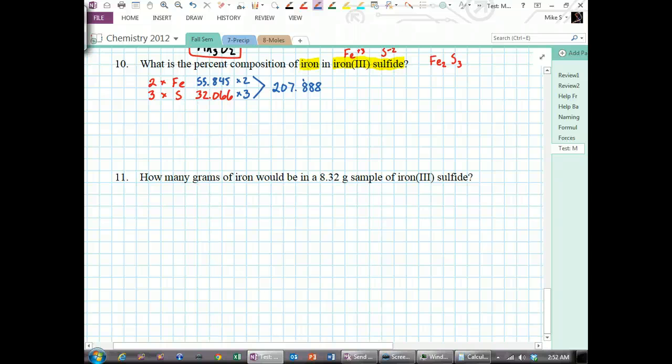So the way I want you to think of that is that it's got 2 irons, Fe, weighing 55.845, and it's got 3 sulfurs that are attached to these.